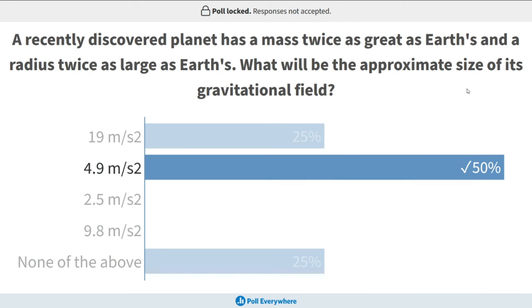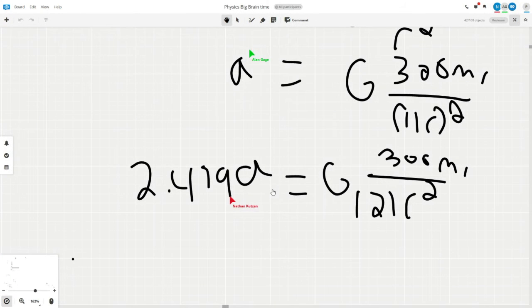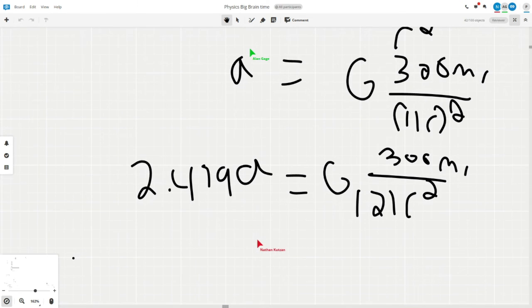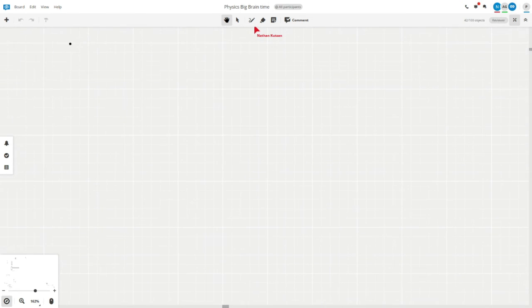So the correct answer is 4.9 meters per second squared. And it is very similar to the last one, so I'm going to switch back to the board. This one's asking for gravitational fields.